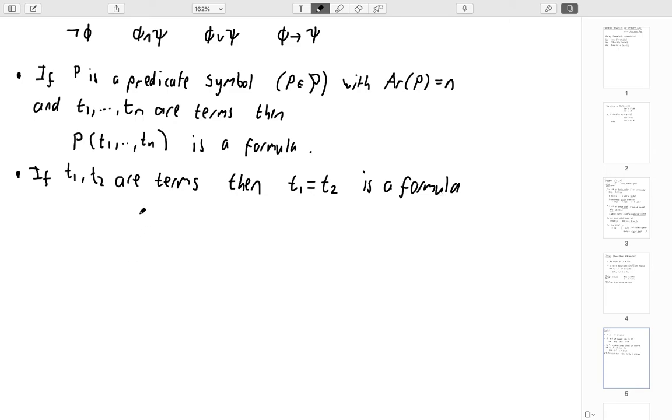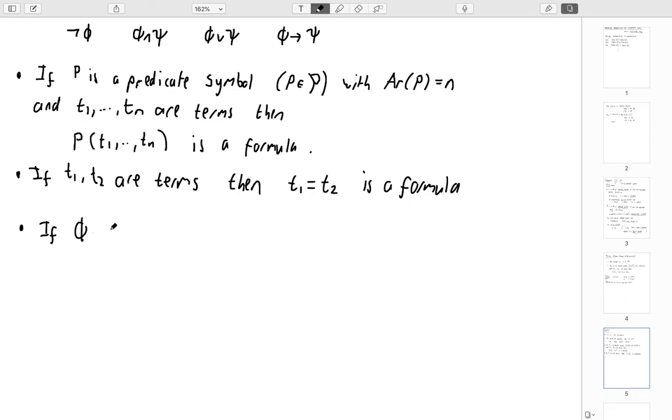And finally, the one missing ingredient is the other formulas built using quantifiers, and the rules for those are very easy. Whenever we have a formula and a variable, we can stick a quantifier over that variable in front of the formula.